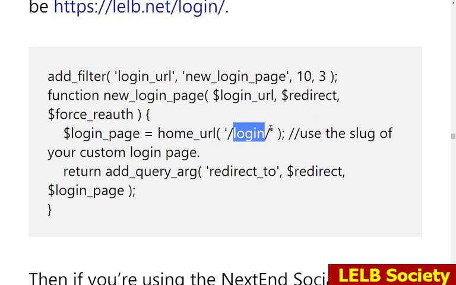In our case, I created a page with the login slug, and then I just added this part to this code to make that particular page the main login page on my WordPress website.